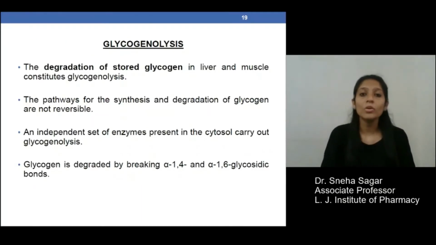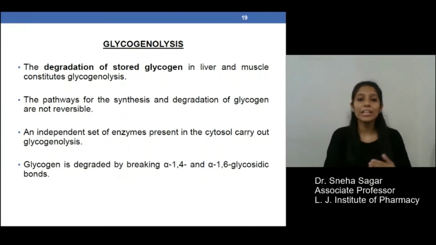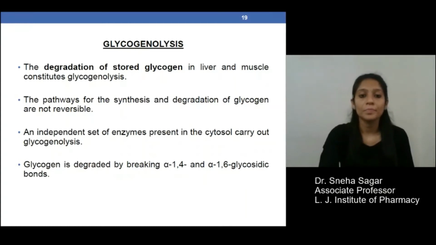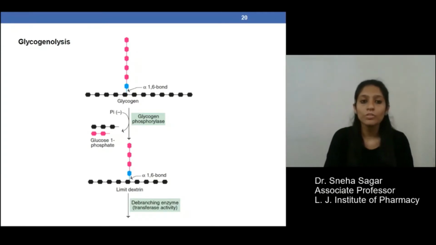Now talking about glycogenolysis, it is the degradation of glycogen forming glucose molecules. So we can say that glycogenolysis is not the complete reversal pathway of glycogenesis. Here the enzymes utilized for glycogenolysis are different from those of glycogenesis. So from this glycogen, the first step is formation of the limit dextrin.